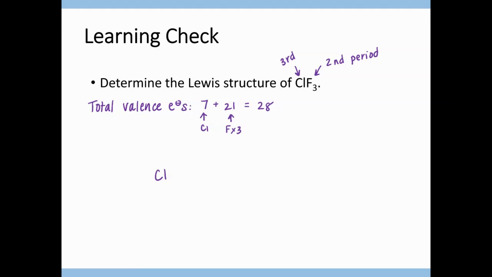It can have more than 8 valence electrons because it's in the third period. We create a single bond to each fluorine. So that takes care of 6 electrons. We have 22 more. We start adding to our outer atoms to close their valence shell.